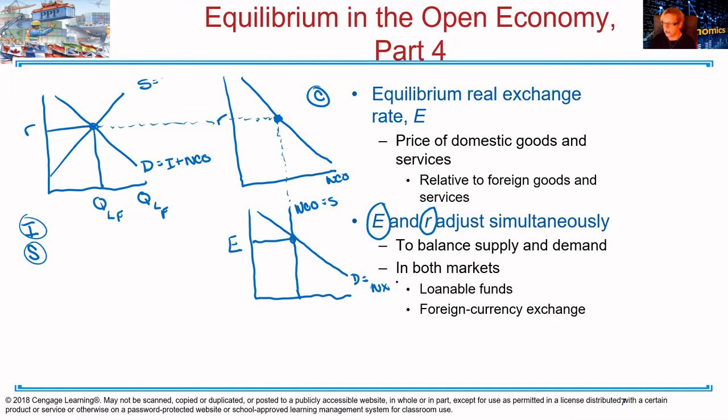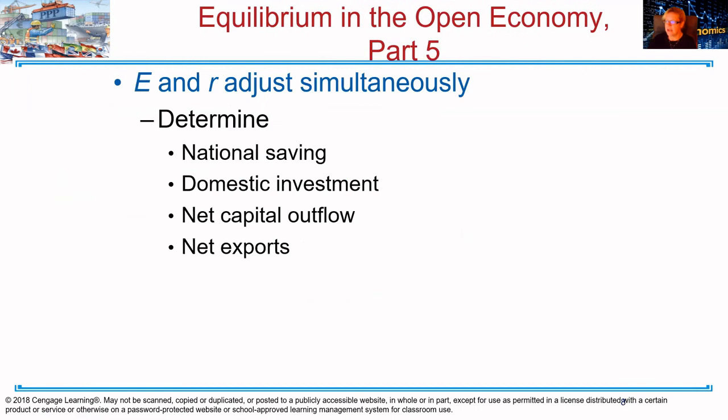So that could change net exports. And we also have the real exchange rate. So when we talk about adjusting simultaneously, what we mean is there are some variables that could easily change that would make a big difference here.